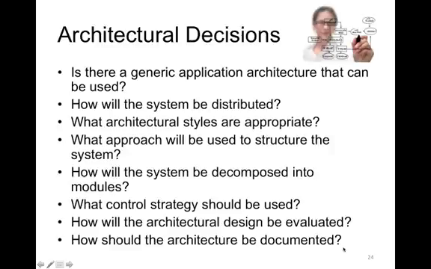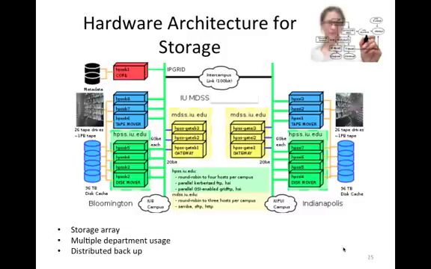We're going to start by looking at some hardware architectures. We are not going to do this for our own project, but I wanted you to see what these kinds of architectures look like. This is a model for a very large storage mechanism, a storage array for a large university.